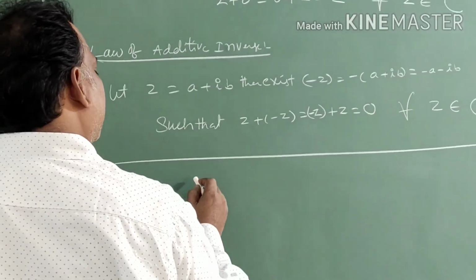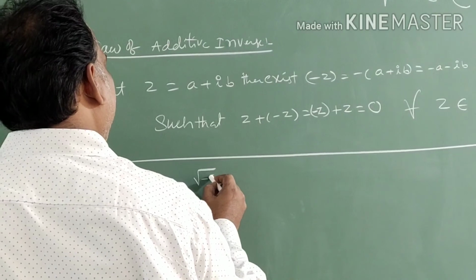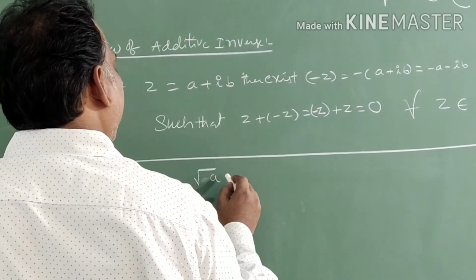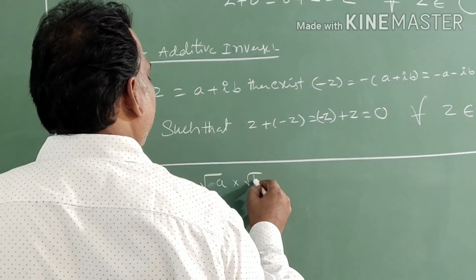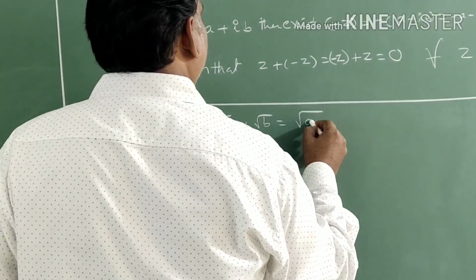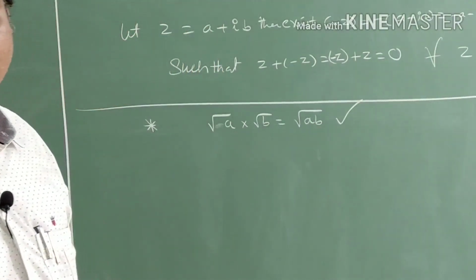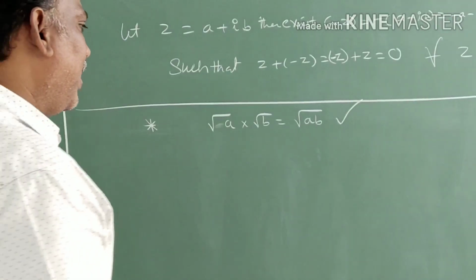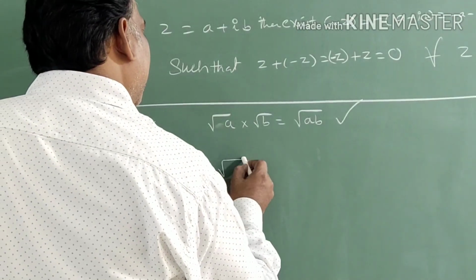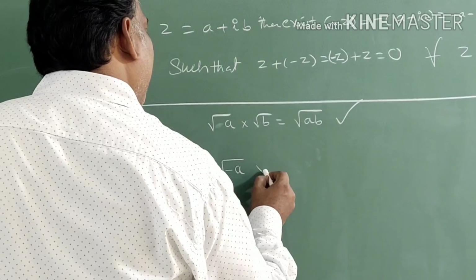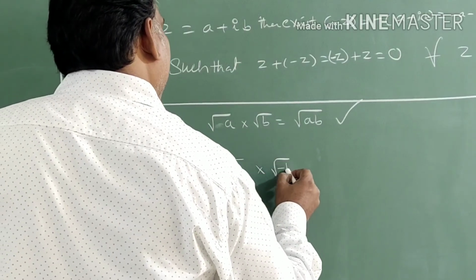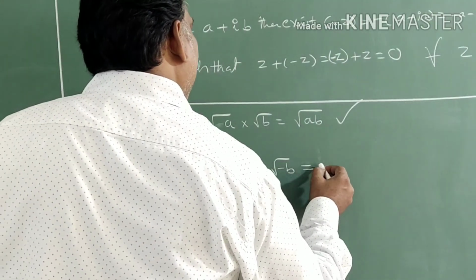One very important point: in real numbers, root over a into root over b is equal to root over ab. It will be satisfied in real numbers, you know very well. Whereas, if you take these numbers, they are not real numbers. Correct or not? These are imaginary numbers.